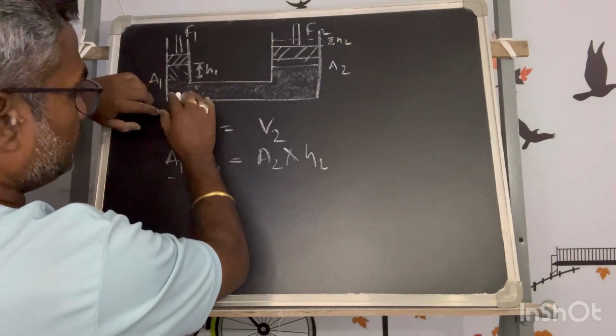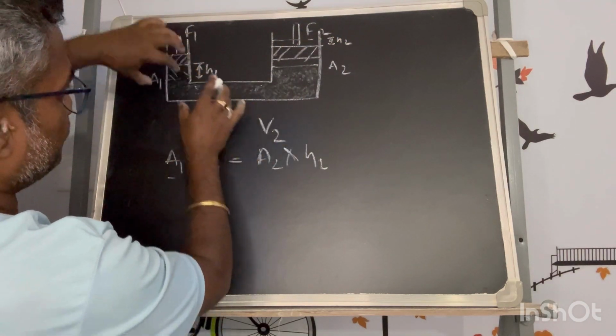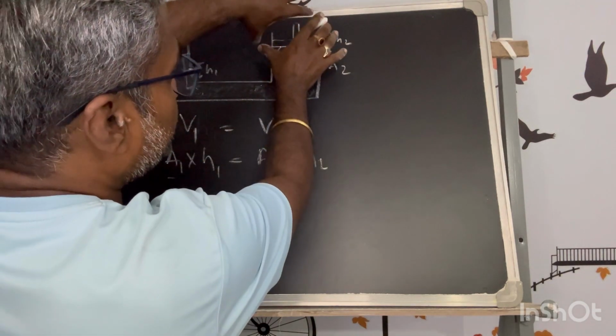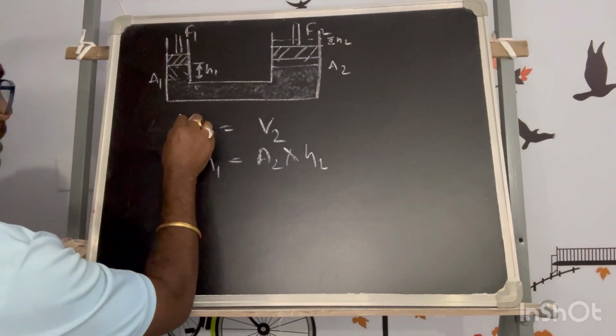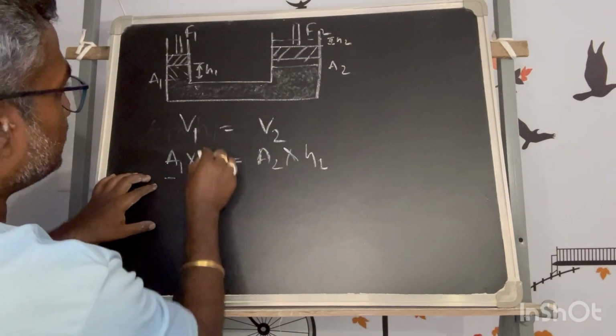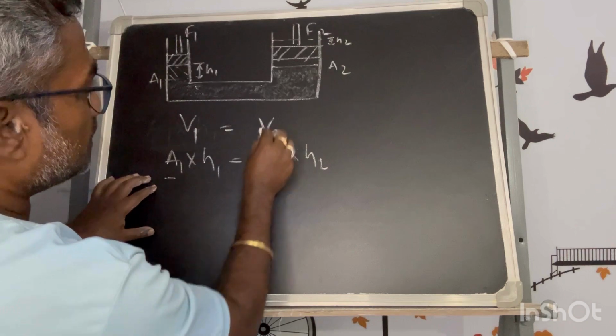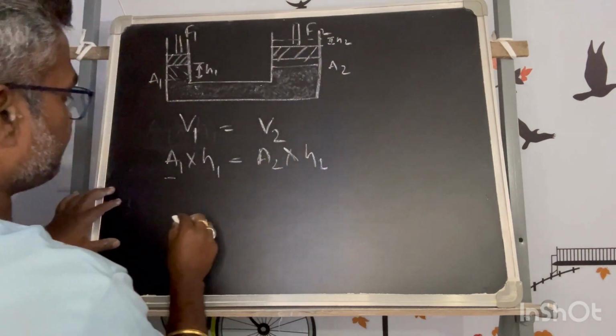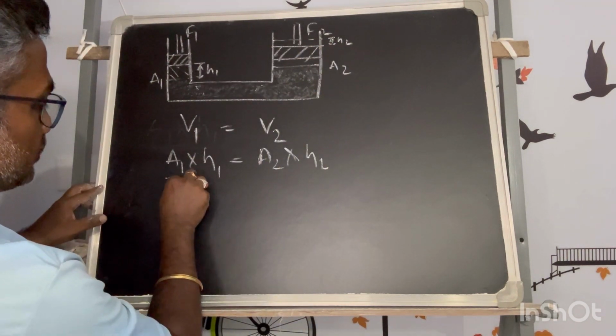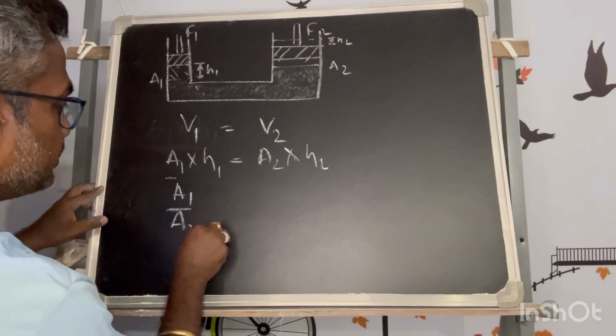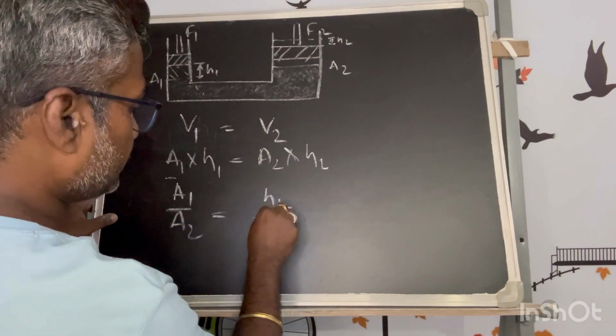So the volume displaced here is the cross section into h1, and there the cross section into height displaced. So A1 by A2 is equal to h2 by h1.